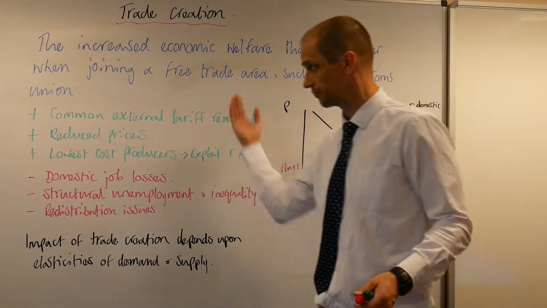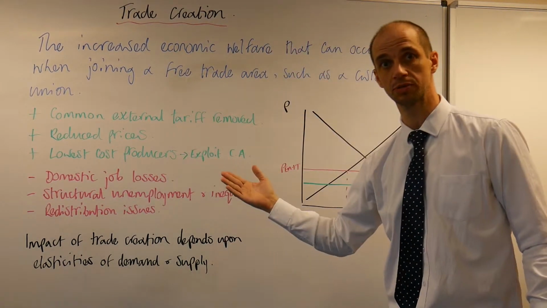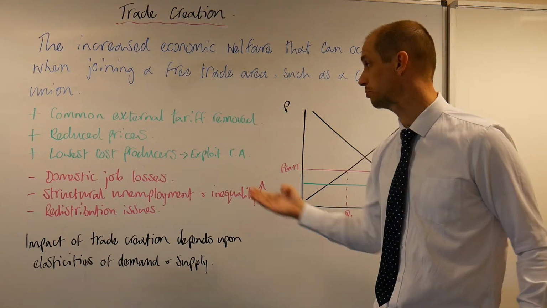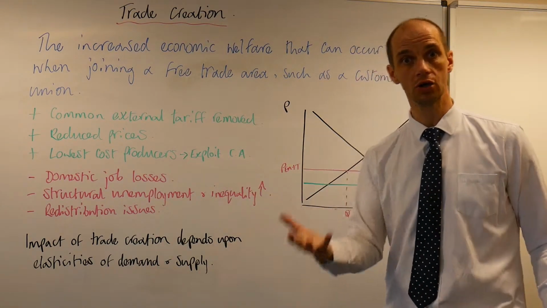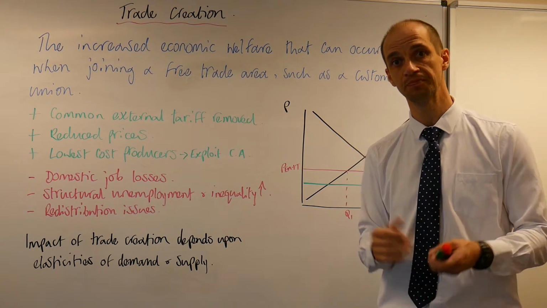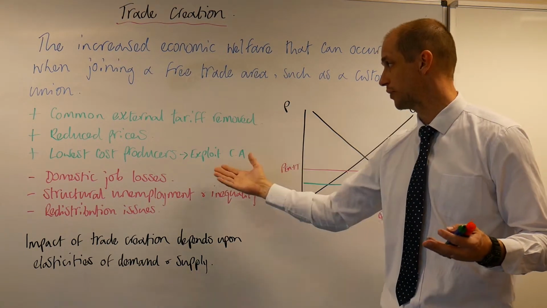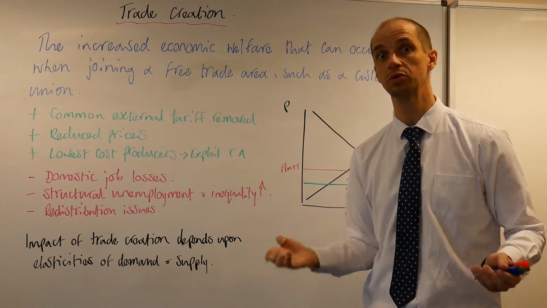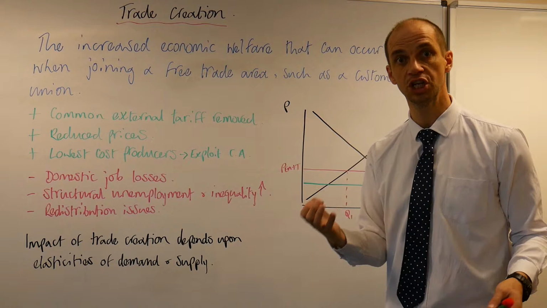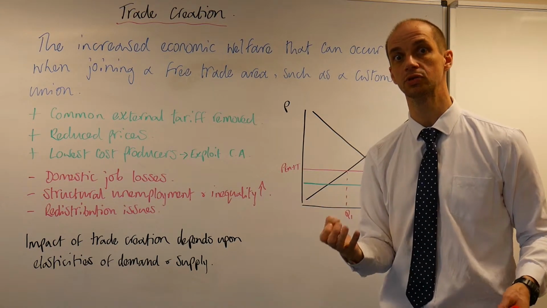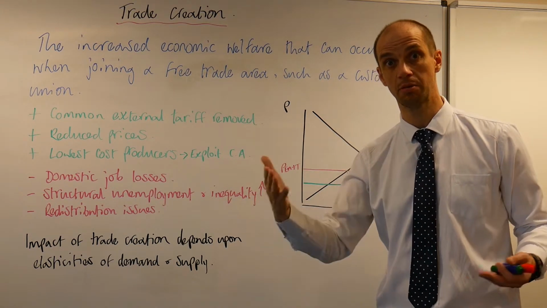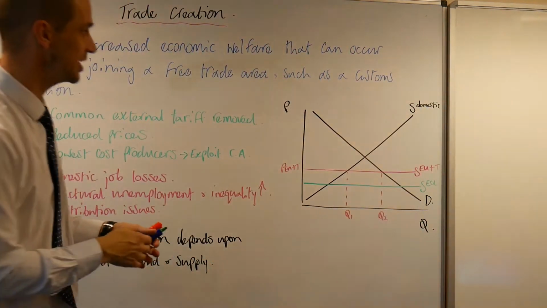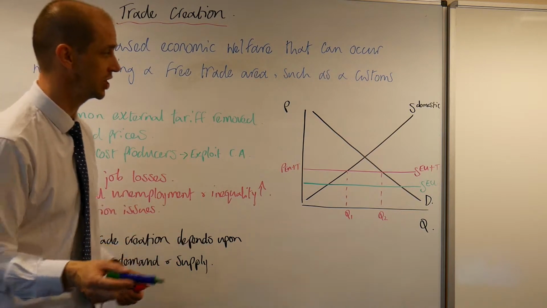Moreover, lowest cost producers can be used, and that helps to exploit a country's comparative advantage. For the country joining that customs union, its businesses may also benefit from cheaper component inputs, so that it can compete more on price in terms of its price competitiveness. So let's look at the diagrammatics that we can see here.